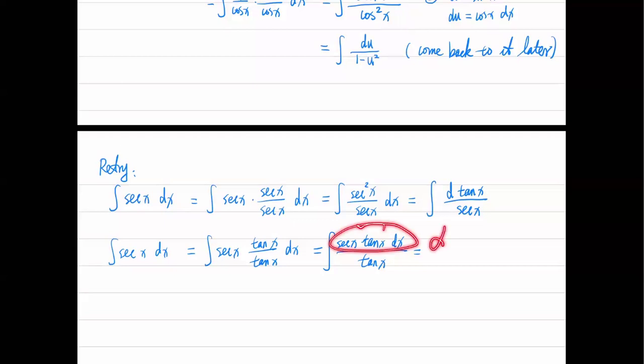D something whose derivative is secant x tangent x? If secant squared is the derivative of tangent, okay, let me refresh this. So this will be the derivative of secant. Okay, try to check it. If you recall this, this will be the derivative of secant.